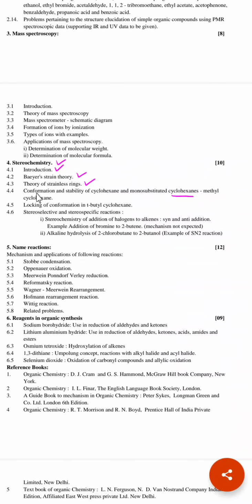In case of monosubstituted, only one example is there for our syllabus, that is methylcyclohexane. Then locking of conformation in tertiary butylcyclohexane.